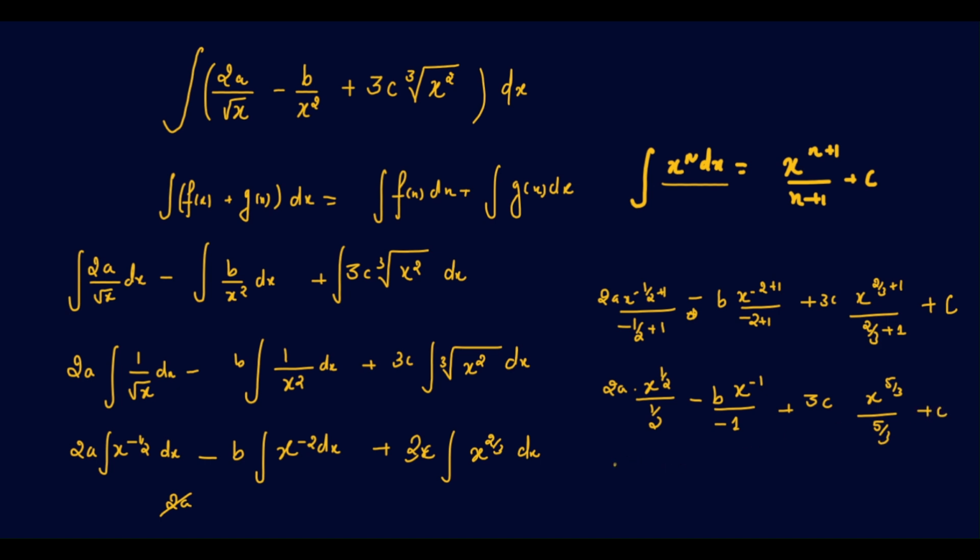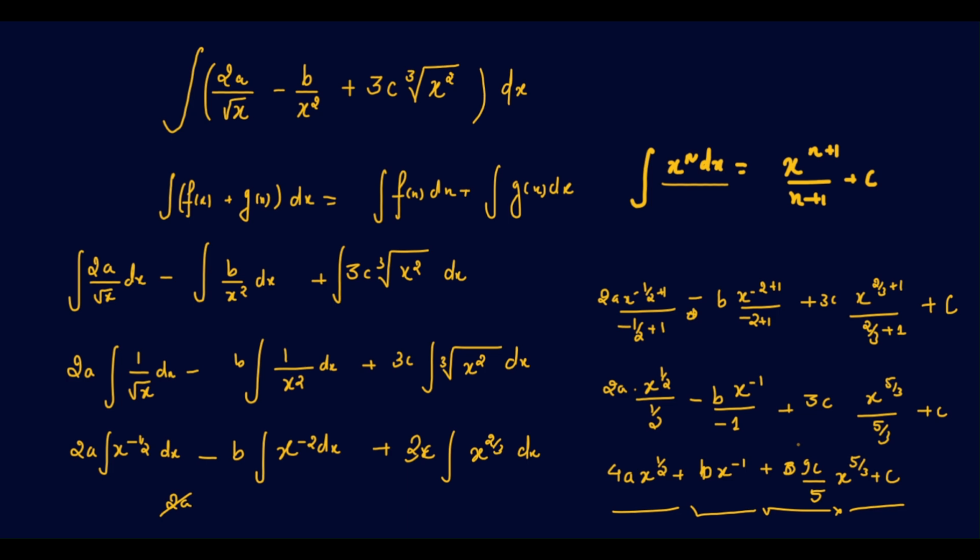So everything will be written as 4a x to the power 1 by 2 minus minus will become plus, and you will write x to the power minus 1 plus 3c. 3c into 5 by 3 can be written as 9c over 5, and here you will write x to the power 5 by 3 plus c. That's the final answer that you will get for the first question.